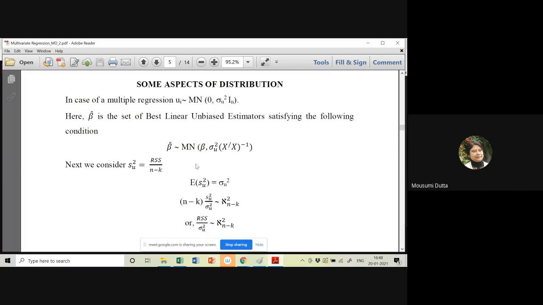So if you consider n minus k into SU square, basically you are getting RSS. So this ratio is giving you RSS by sigma u square, the residual sum of squares by sigma u square.